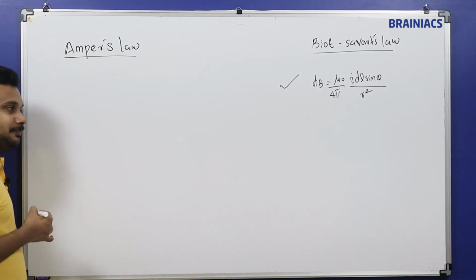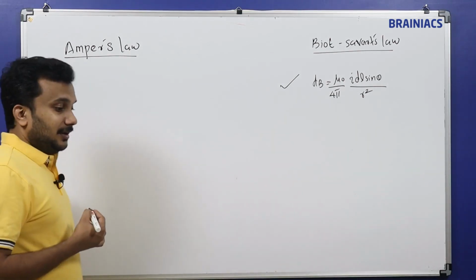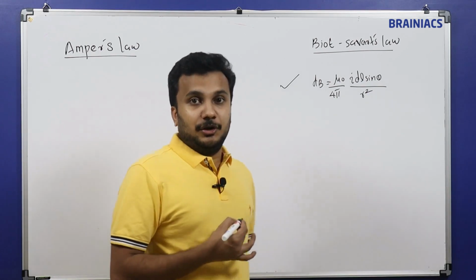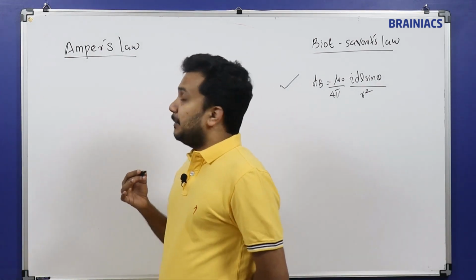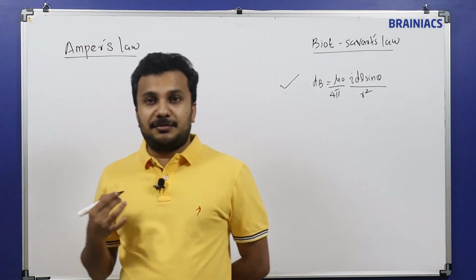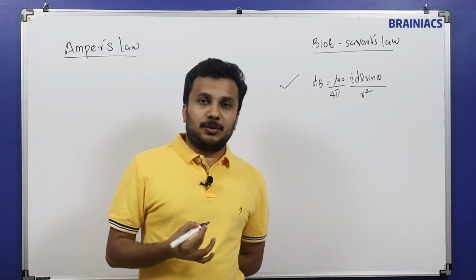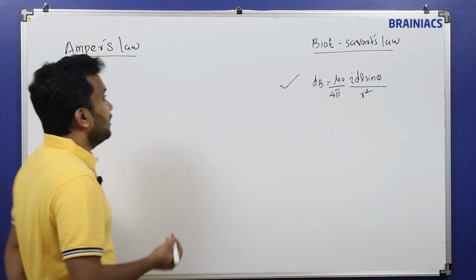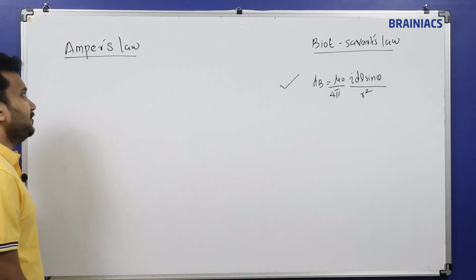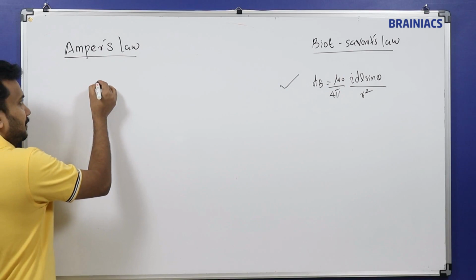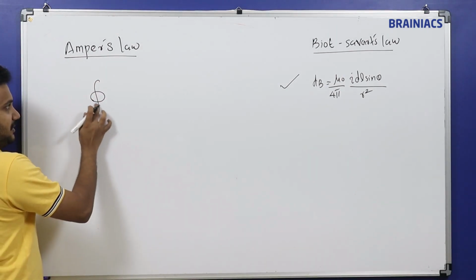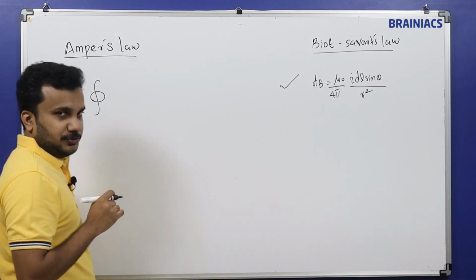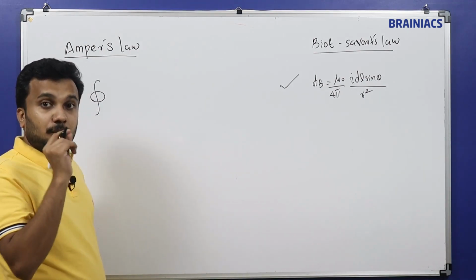With the help of this law also, it is easy to find the magnetic field due to a current carrying conductor, infinite conductor, solid conductor, hollow conductor. There are a lot of things. But what does this law specifically state? This law states that the closed integral of B dot dl, as I told in Gauss's law, we need a closed path.